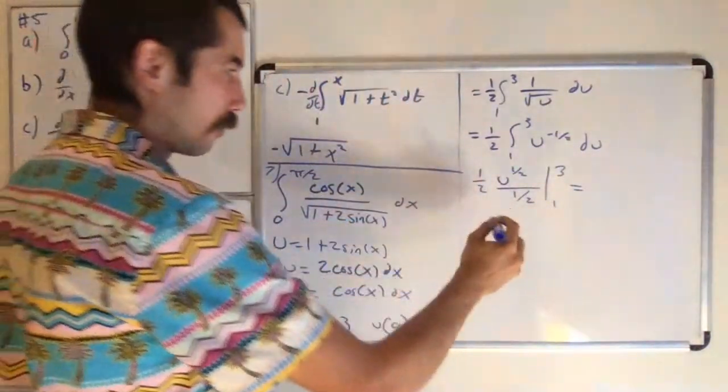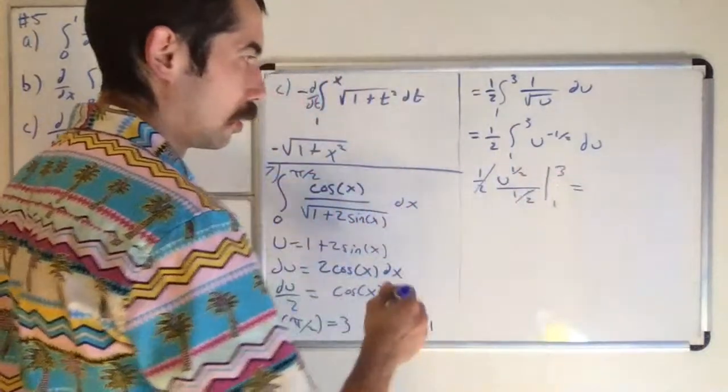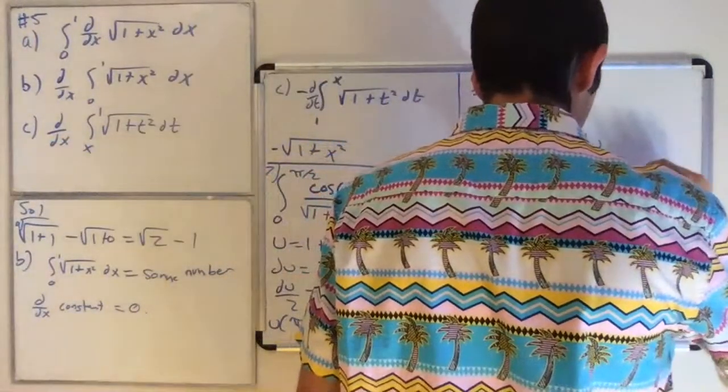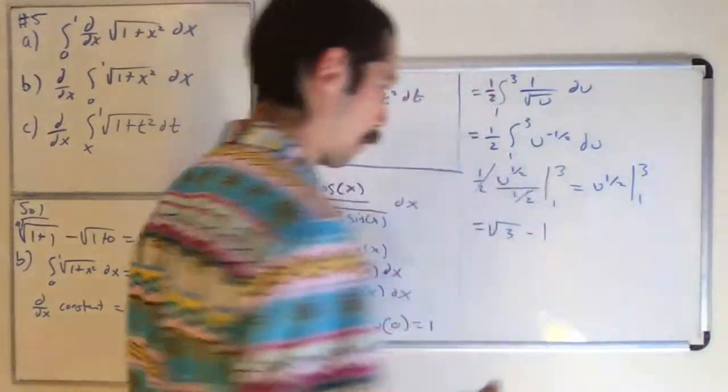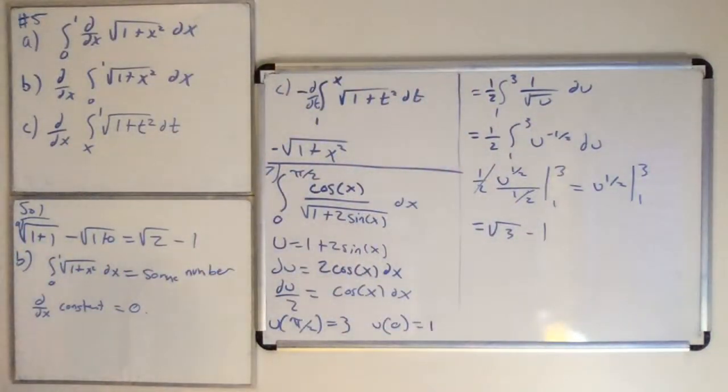One-half divided by 1/2 is just 1. So it's u to the 1/2, evaluated at 1 and 3, which is square root of 3 minus 1. Good.